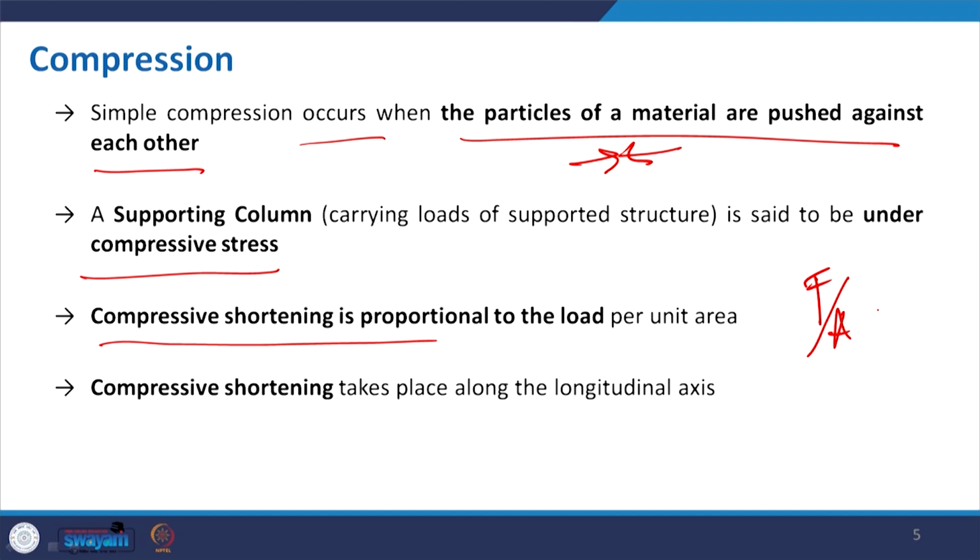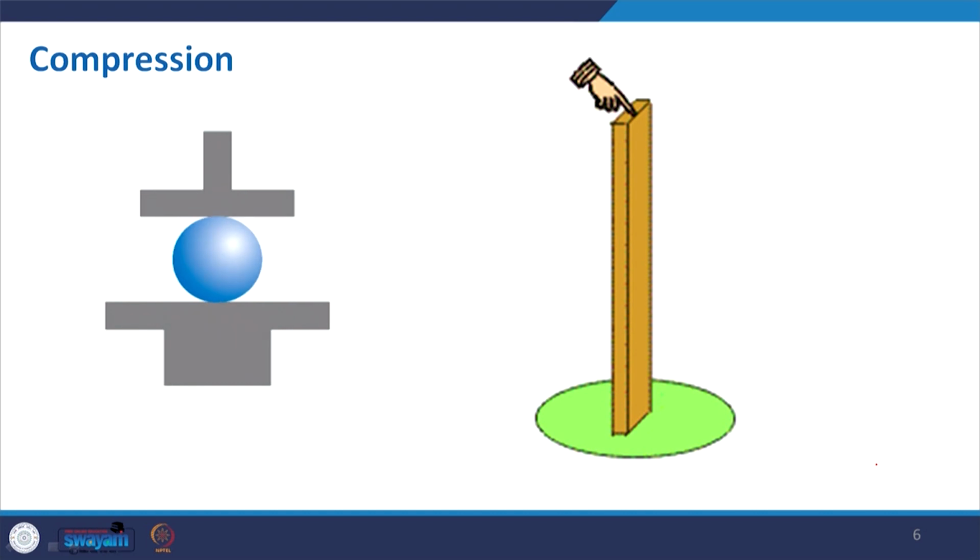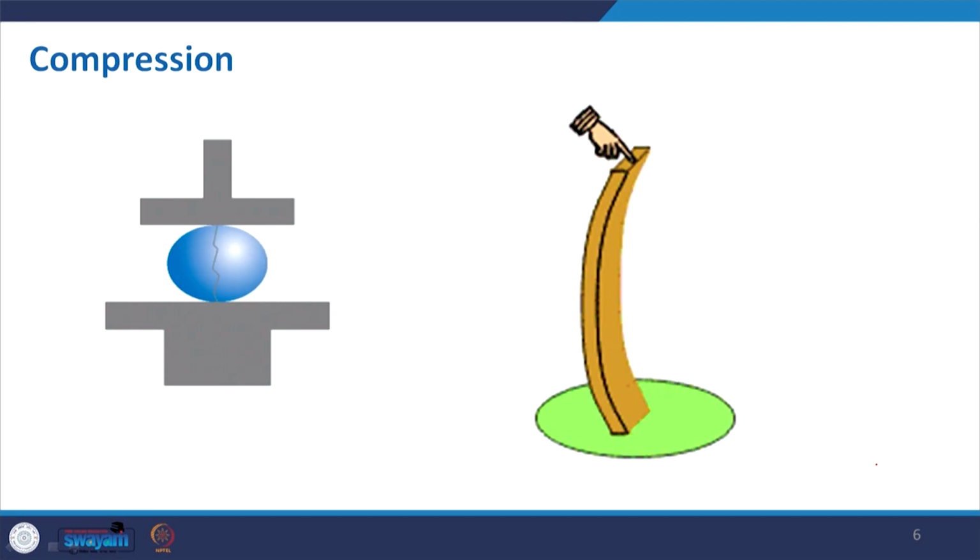Compressive shortening takes place along the longitudinal axis, when the load is applied, most commonly through the center of the member. Here we have to give images. It shows what we said: in compressive stress, how cracks develop.